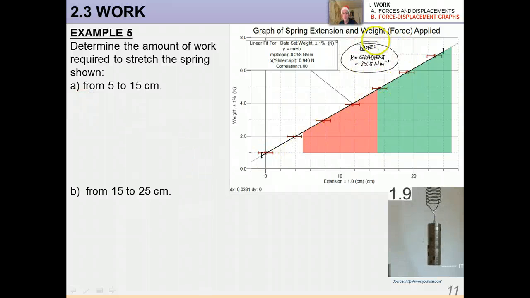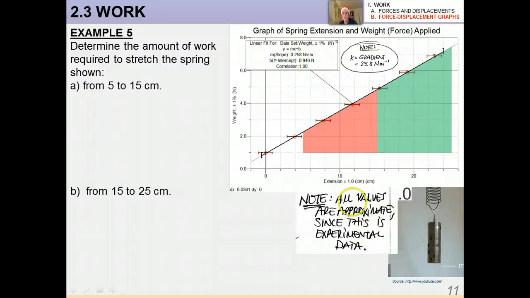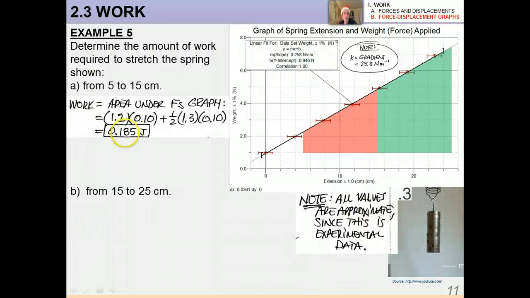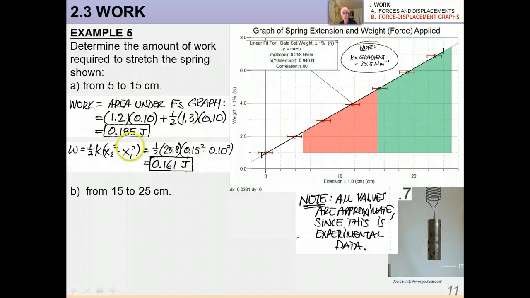First of all, note that the gradient is the spring constant, which is 25.8 newtons per meter, which is right here. All values in this case are approximate because this is experimental data. So here's the area, by my reckoning, of the pink area here. I got 0.185 joules. If you use the equation that I introduced in the previous slide, you get 0.161 joules.